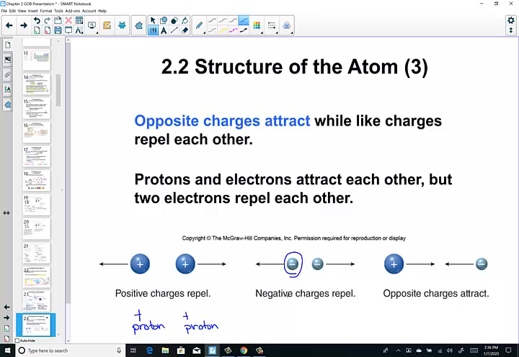One electron with its negative charge, if it becomes near another electron with its negative charge, they repel. And we know that opposites attract. A proton with its positive charge will attract the negative electron. Protons and electrons attract each other, whereas two like particles will repel.